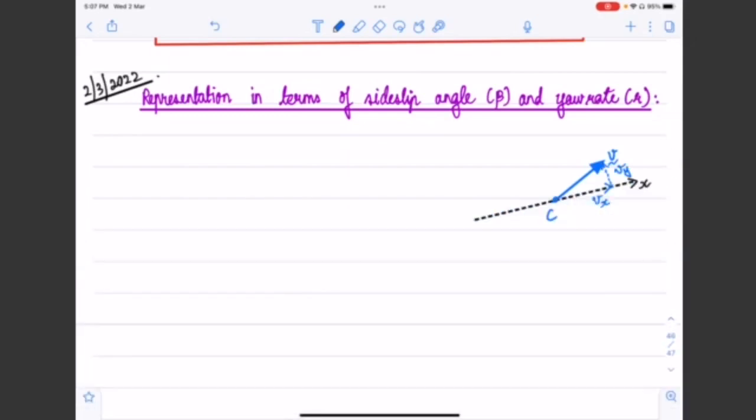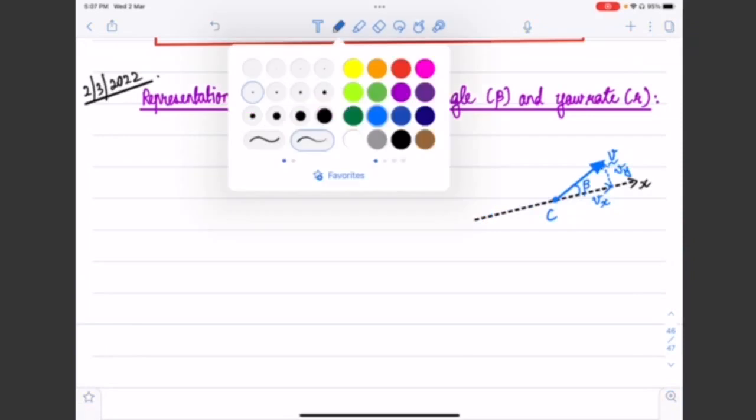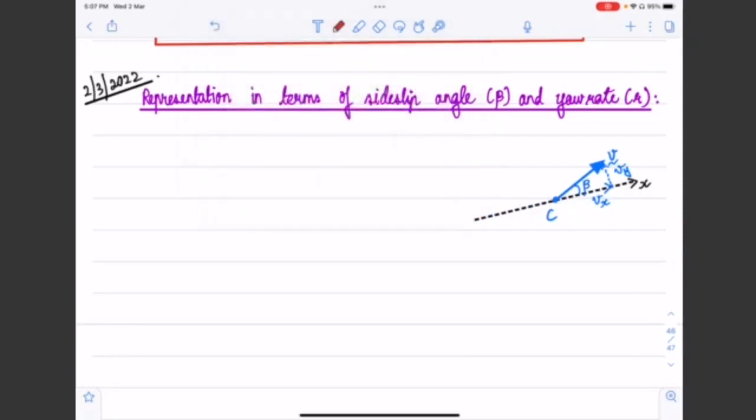The angle made by the velocity vector with the longitudinal axis of the vehicle is called the side slip angle beta. And what is the yaw angle? The yaw angle is the angle made by the longitudinal axis with the global frame.